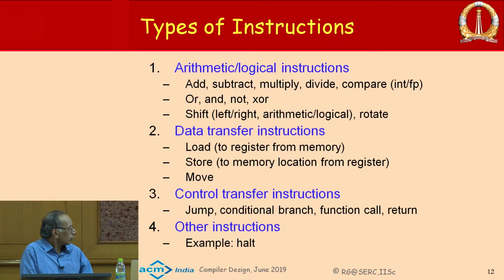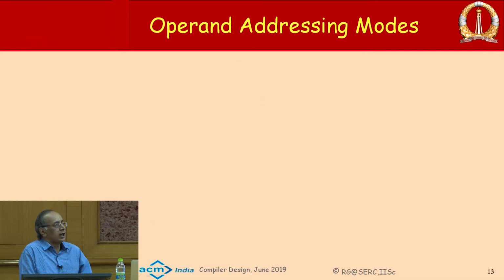Okay, so let's see specifically an example of this instruction set a little later when we talk about the instruction set for the RISC-V architecture. But before that, let's talk a little bit about operand addressing modes, because all instructions are going to have operands. Operands are the ones on which these operations are going to be performed.